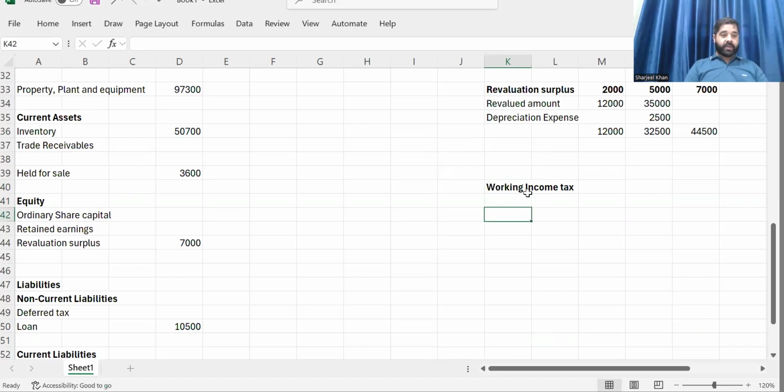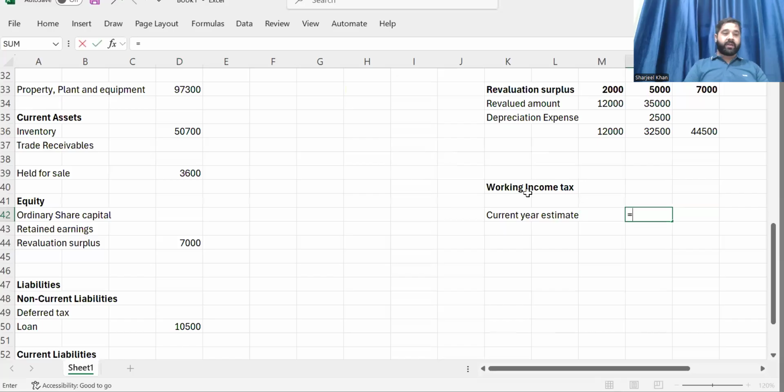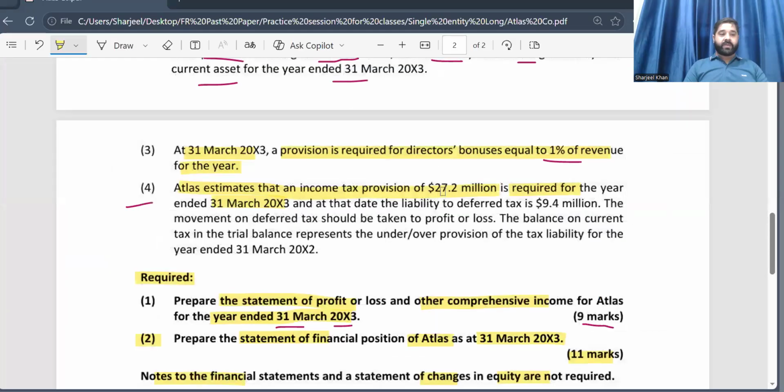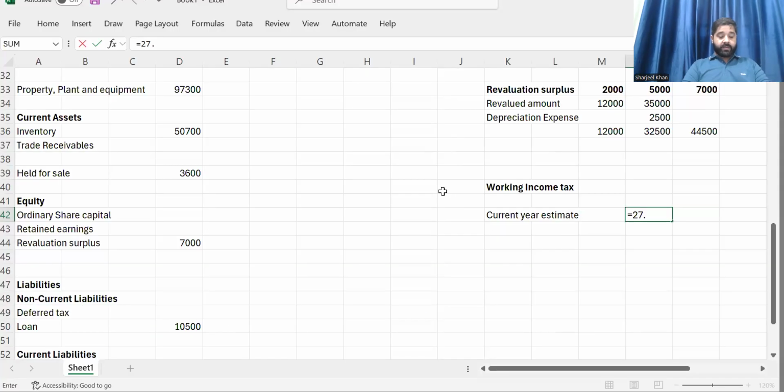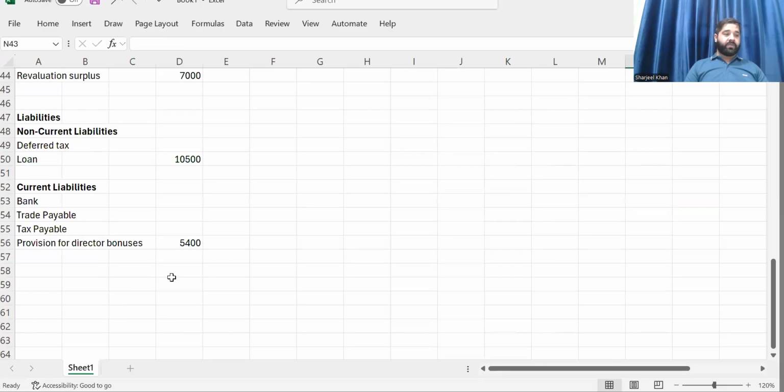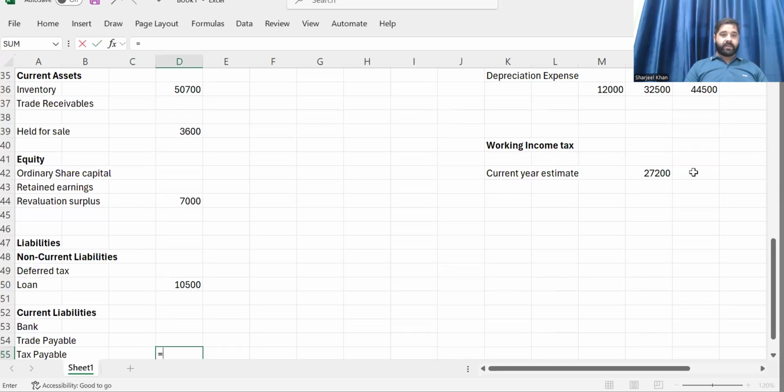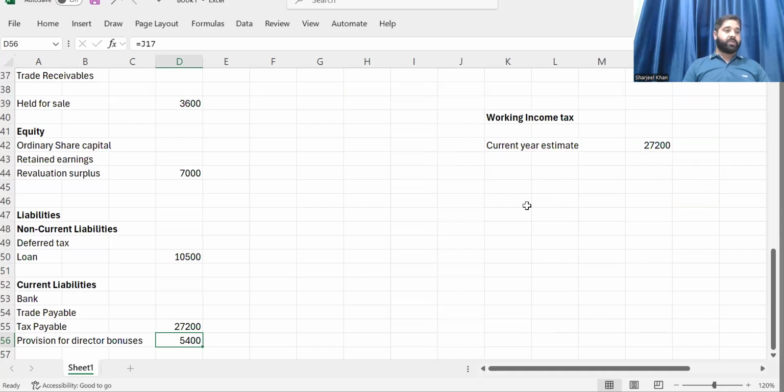What is the structure for the income tax? Current year estimate, adjustment for over and under provision, and then movements in deferred tax. So the current year estimate is 27.2 million. And it will be recognized in statement of financial position as well. So the tax payable is 27,200, right?